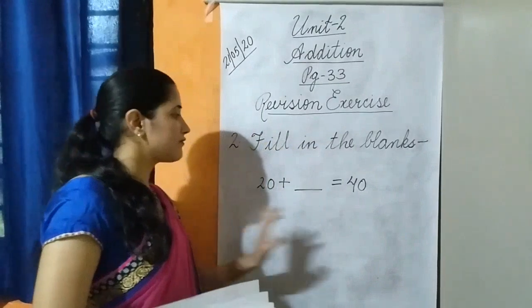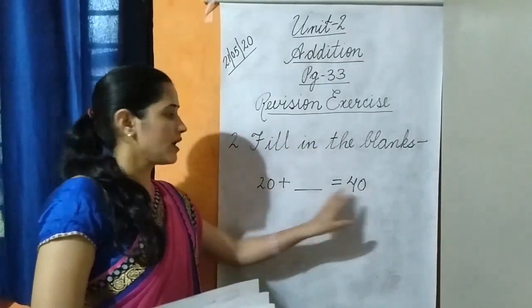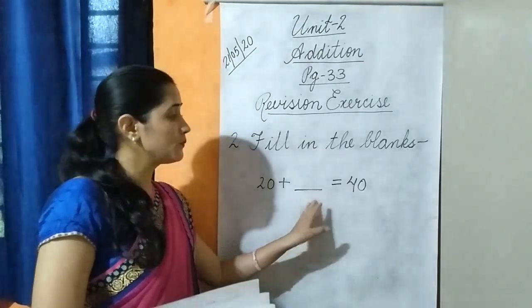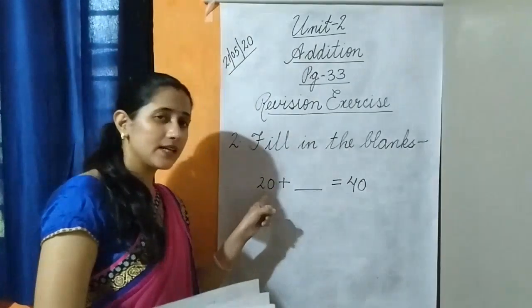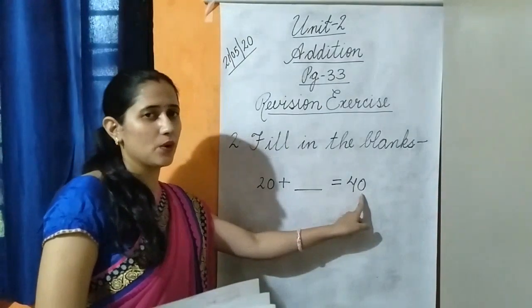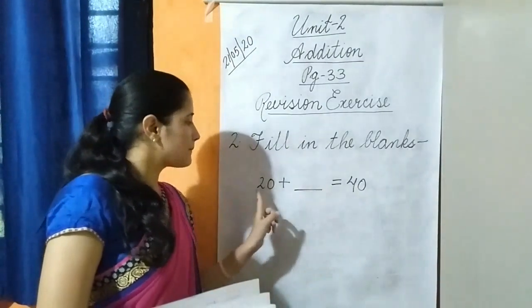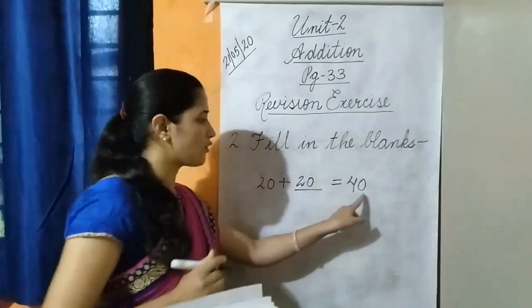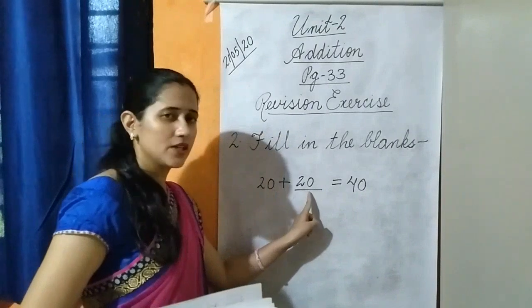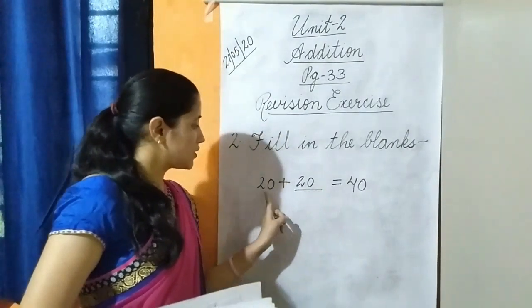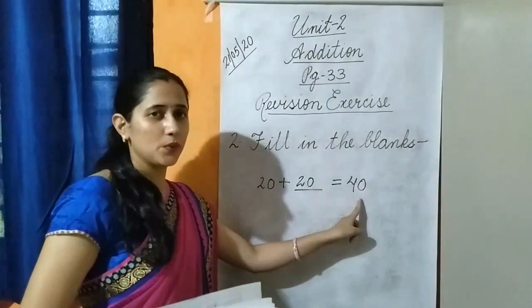If the sum is given and one of the addends is missing, in that case we subtract the given addend from the sum. So 40 minus 20 will be 20. Now if you see, 20 plus 20 is equal to 40.